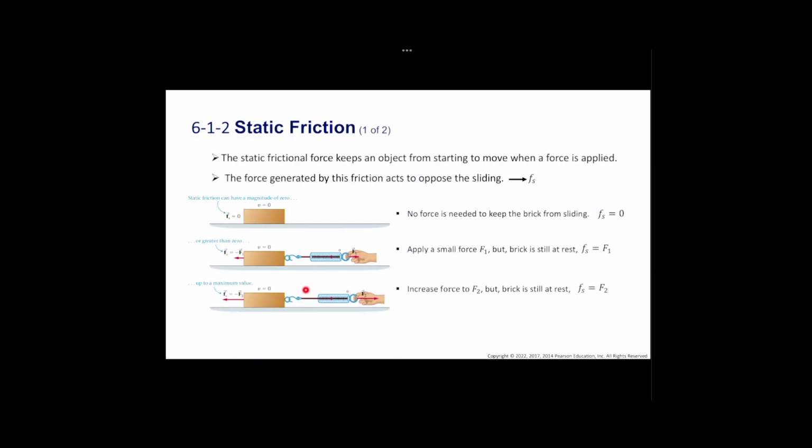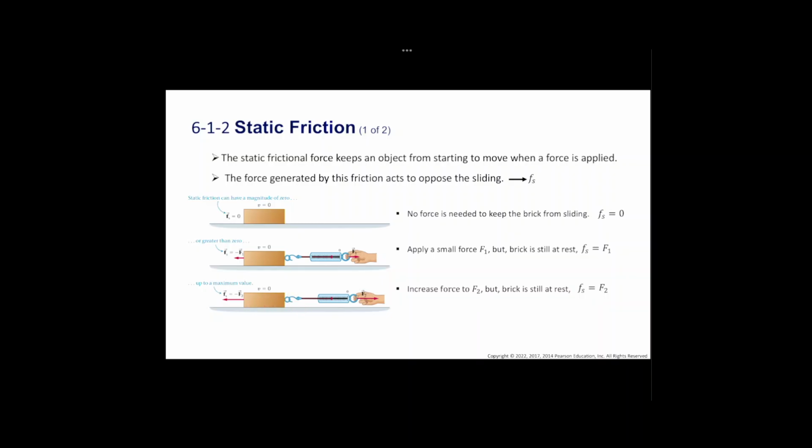Now we increase the applied force to F2, a new value which is still small enough that the brick stays at rest. In this case, the force of static friction is equal to F2. So it is increased, but the brick is still at rest.